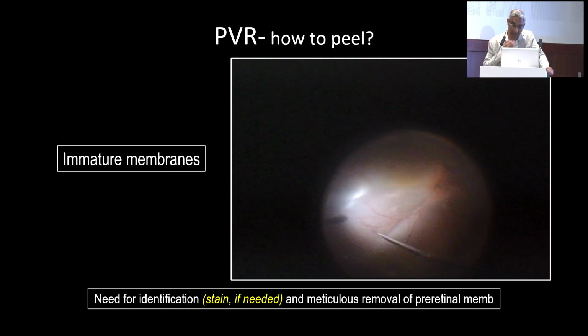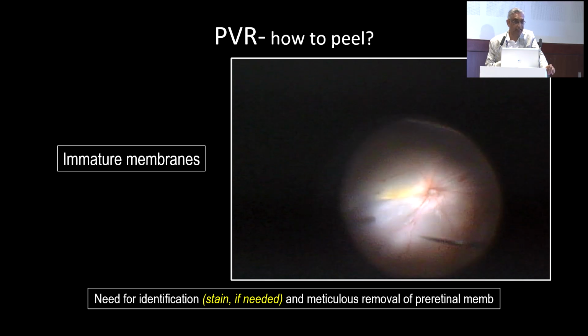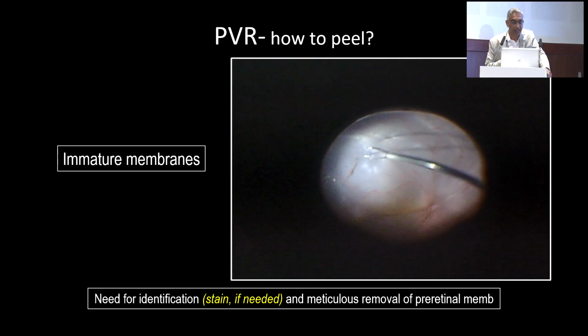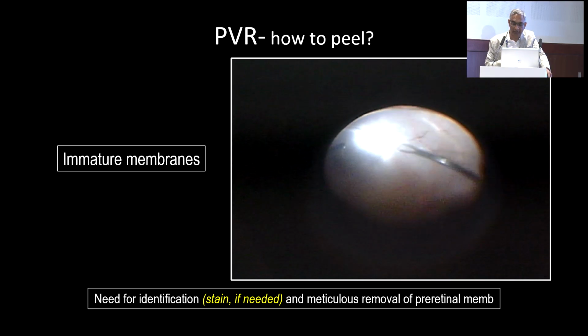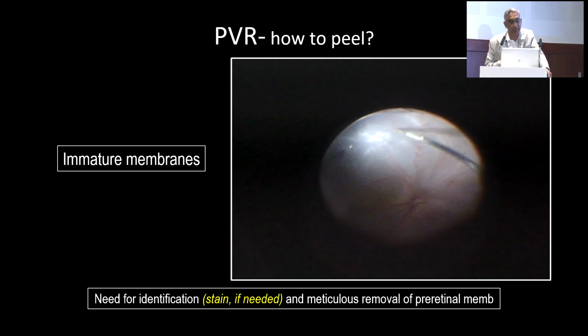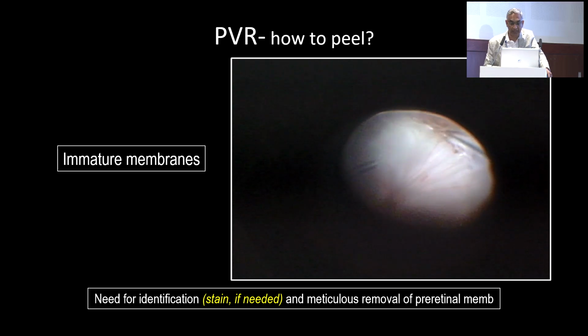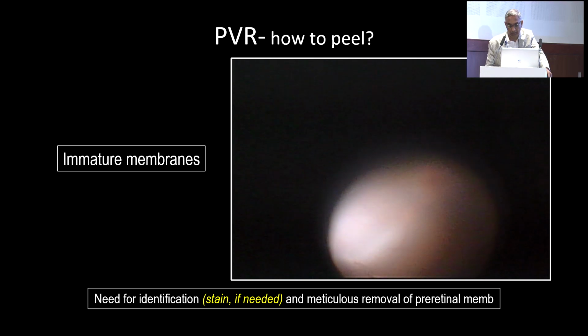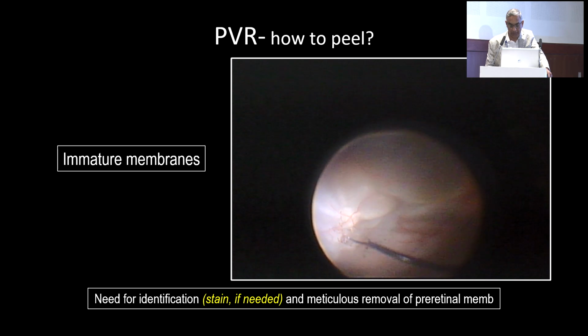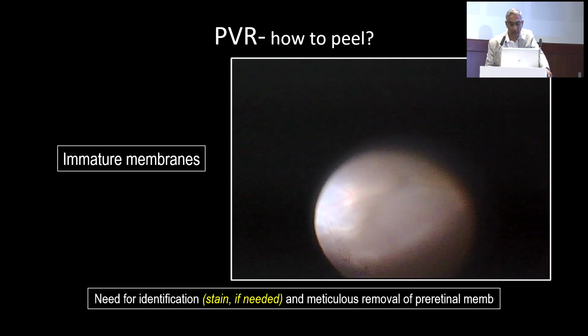Because these membranes are fragile, they just come in bits and pieces. It's not like you start peeling and in one go they will come, compared to mature membranes as you saw. So you really have to go every millimeter of retina, inch by inch, and slowly get the whole thing out to ensure the retina is fully mobile before going to other steps.